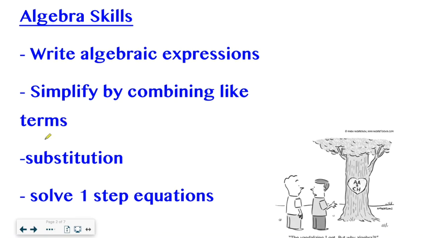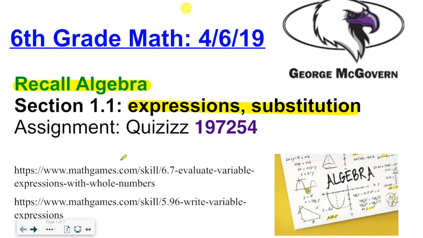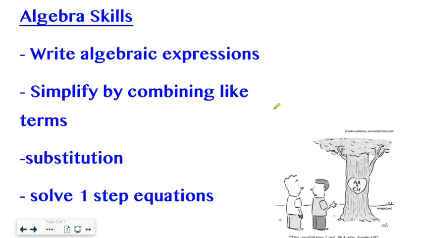Substitution is when we plug a number in. When it's given x is equal to 4, we plug in 4 into an expression. And then solving one-step equations, that's when we get x all alone, and we follow our undoing steps. Right? So today, what we're talking about is expressions and substitution.